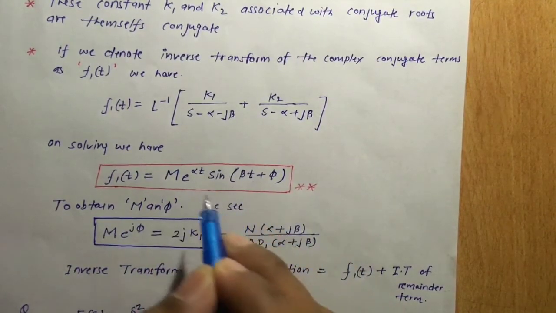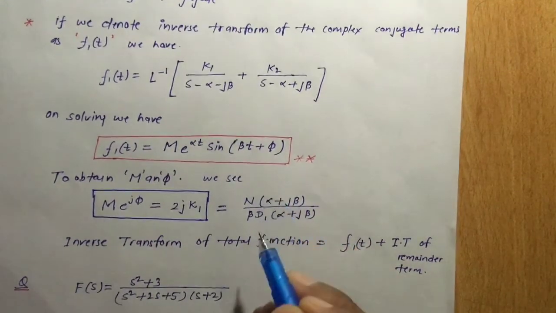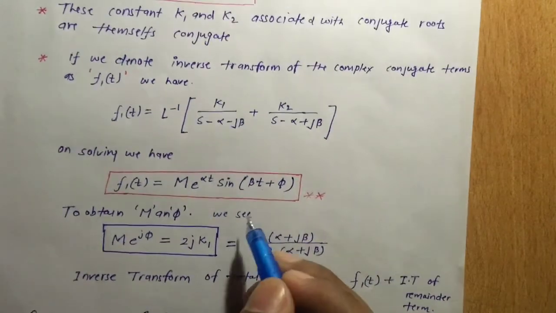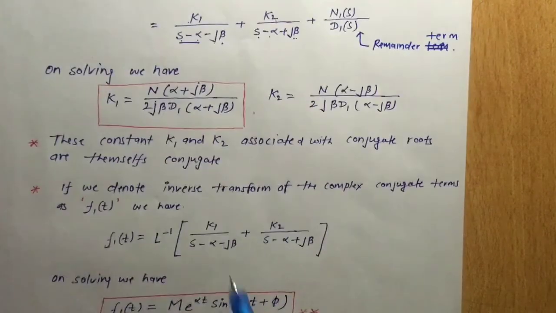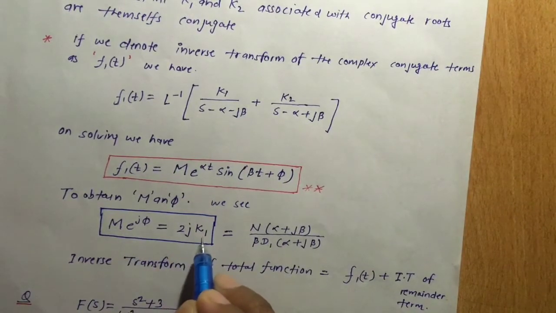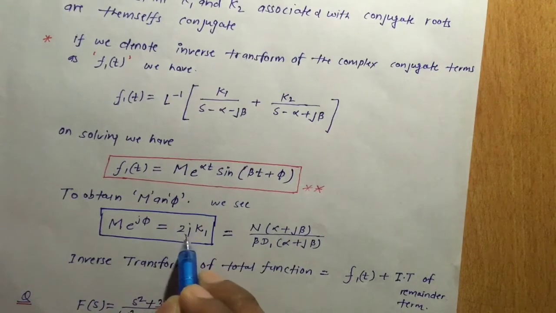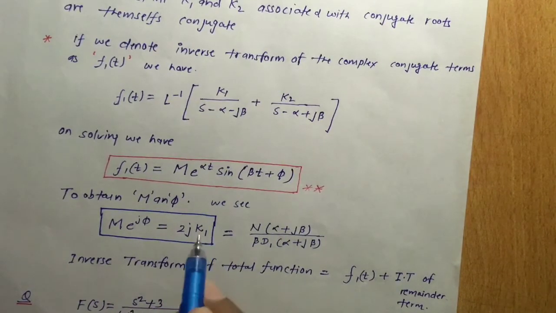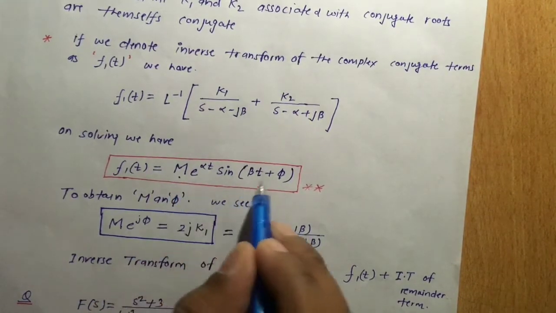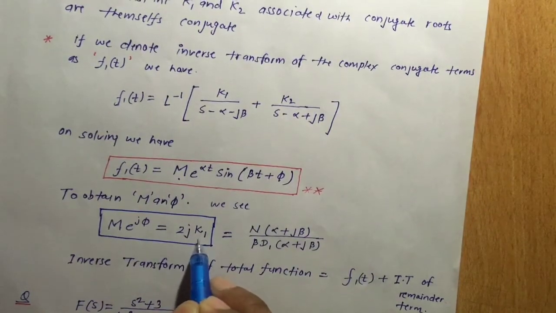And here there are two new terms, M as well as phi. These two terms can be defined as follows. First we define K1, where M e to the power j phi equals 2j multiplied with K1. Generally, we have to find M as well as phi. M is the magnitude of 2j into K1.